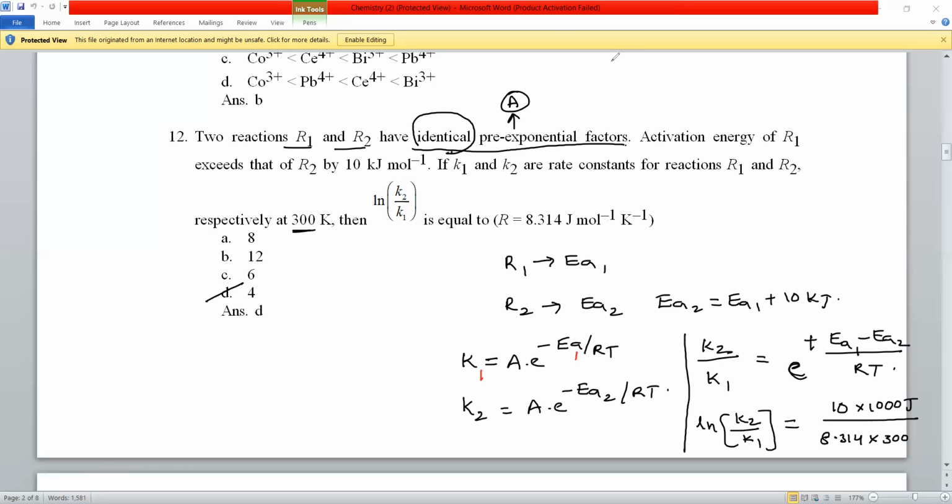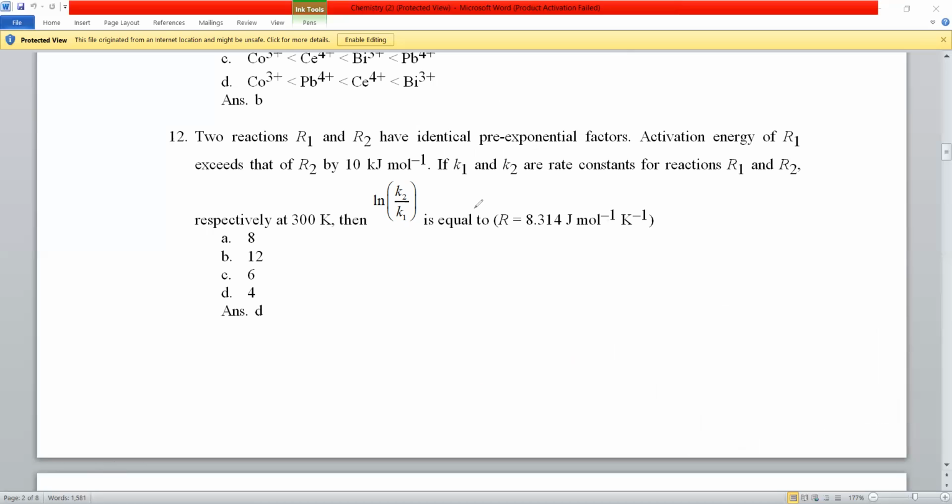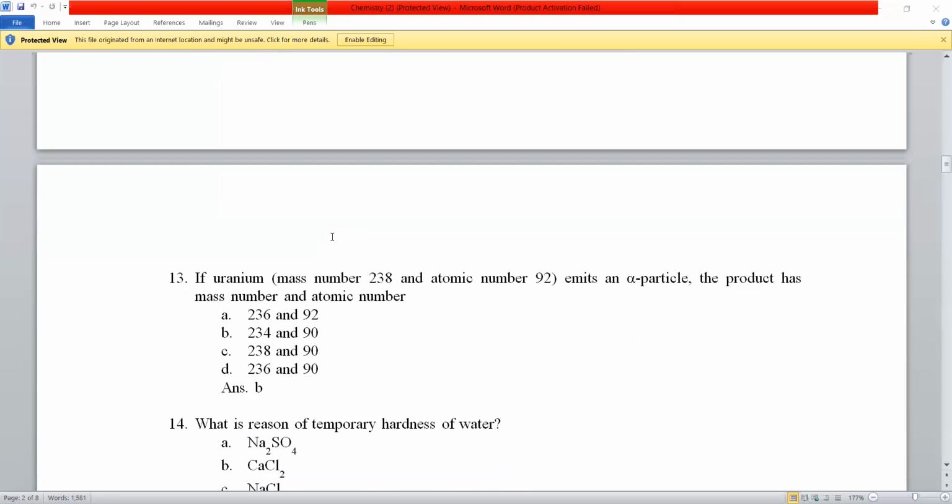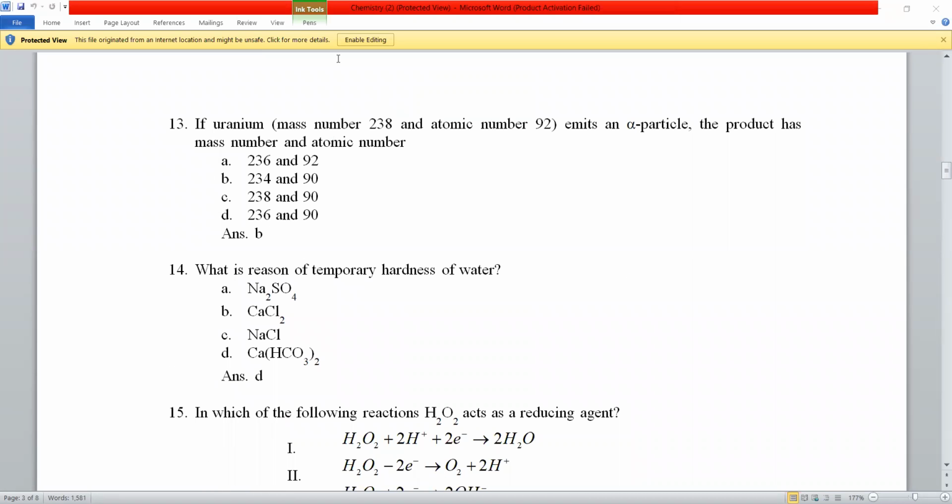Okay, so next, question number 13. Uranium has mass 238 and atomic number 92, and it emits an alpha particle. They are asking for the products, the mass number and atomic number.